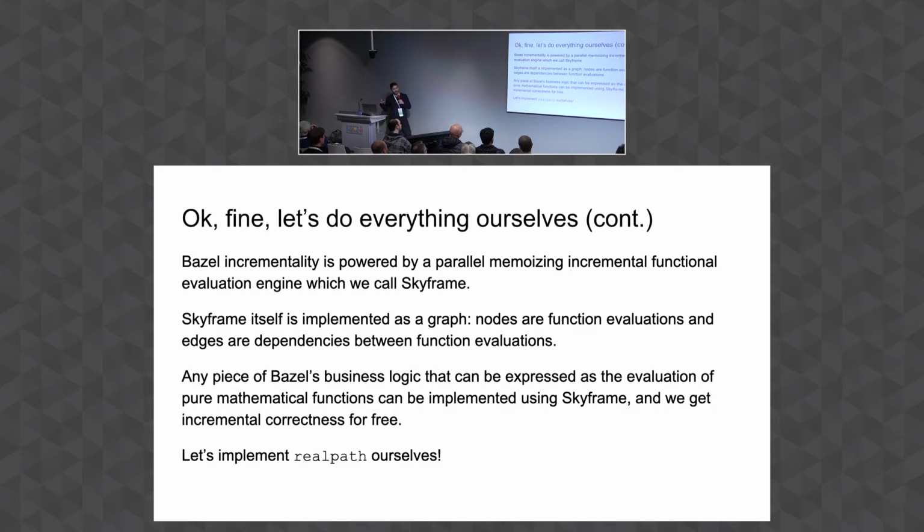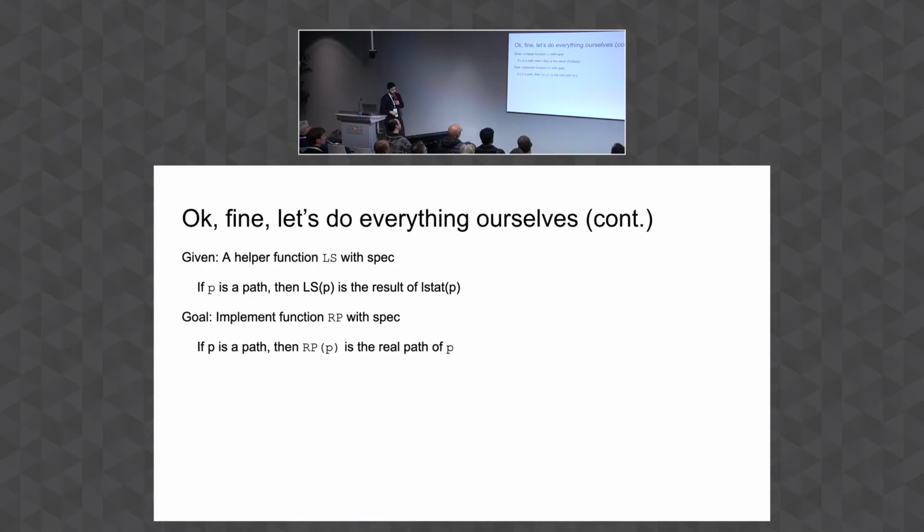So if we can think of how to do symlink stuff using mathematical functions, everything works for free. So let's implement the equivalent of the bash realpath command ourselves. If we have a helper function, ls, which stands for lstat, that tells us the stat information not following symlinks, our goal is to have a function rp, standing for realpath, that computes the realpath of a path.